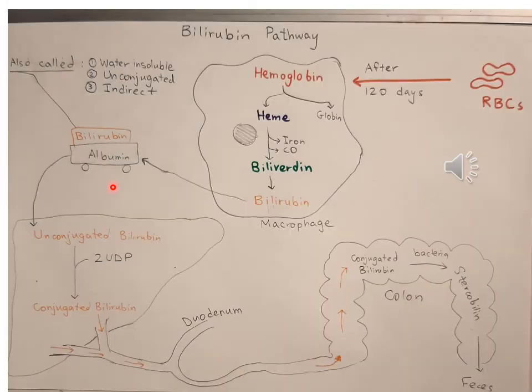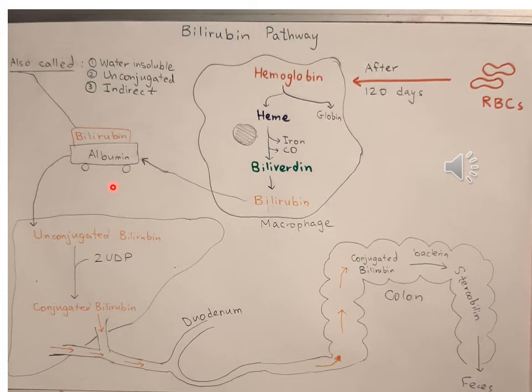Conjugated bilirubin is secreted into the biliary ductules, and then finally via the common bile duct the conjugated bilirubin reaches the duodenum, which is part of the small intestine, and then from there it will reach the large intestine. In the large intestine, conjugated bilirubin is converted by bacteria into stercobilinogen in one step, and then in a second step into stercobilin.